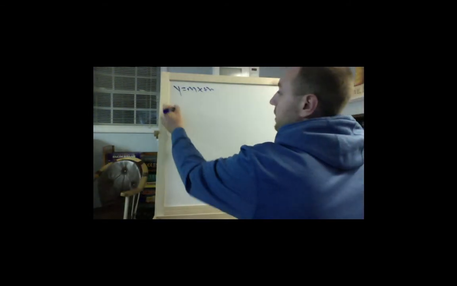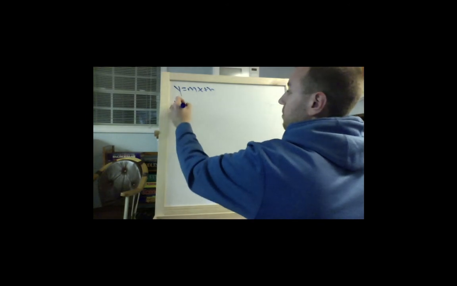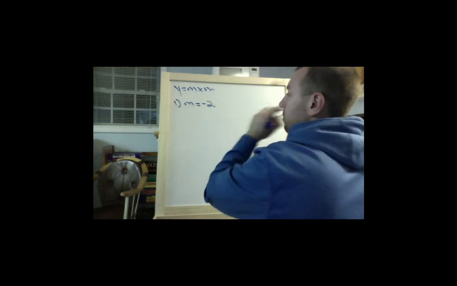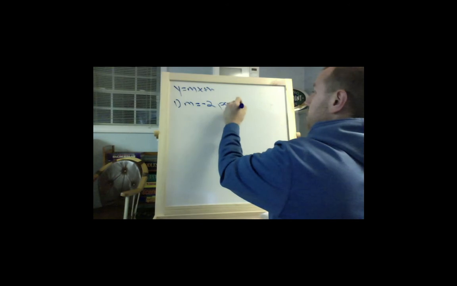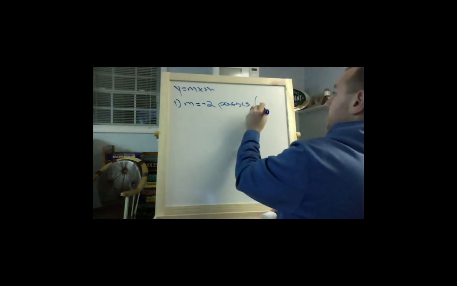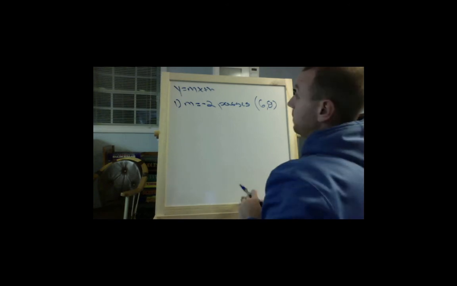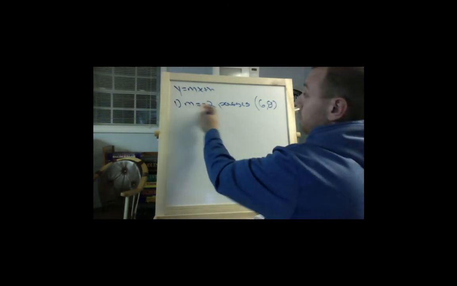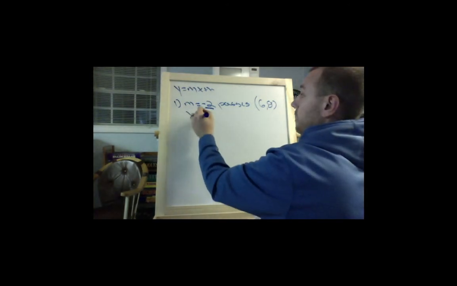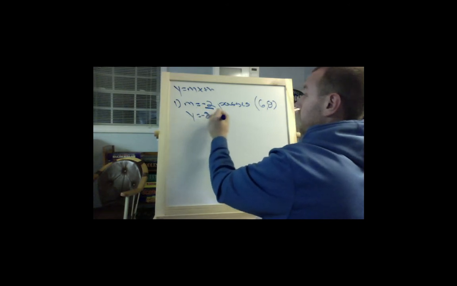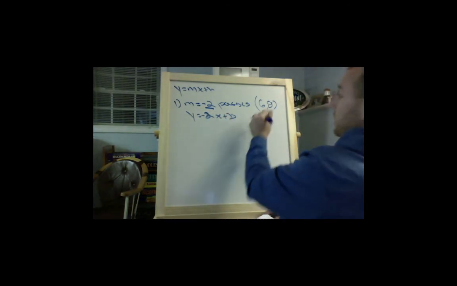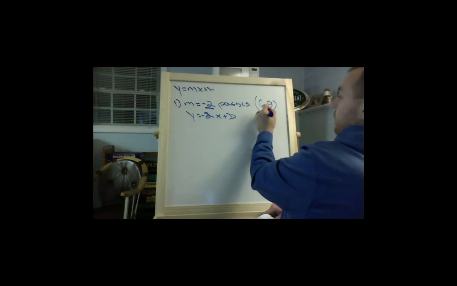The trick comes when I say, okay, the m is -2, and it passes through 6, 8. I'm just making these up. So I would take my slope and plug it in: -2x plus b, and then I take these and plug them in for x and y.